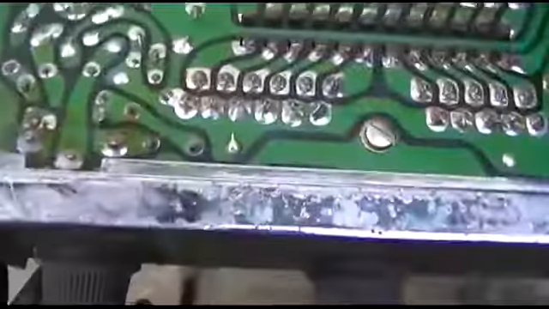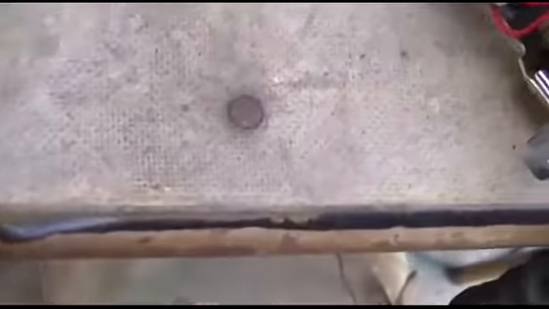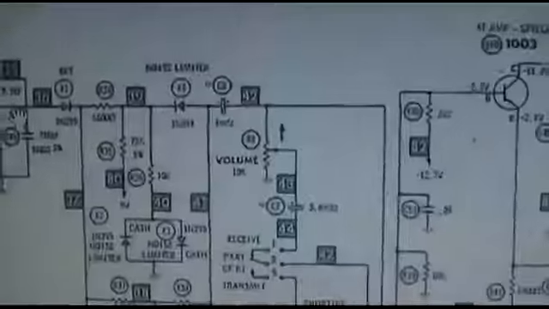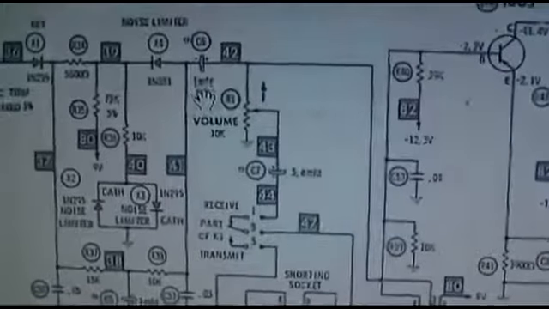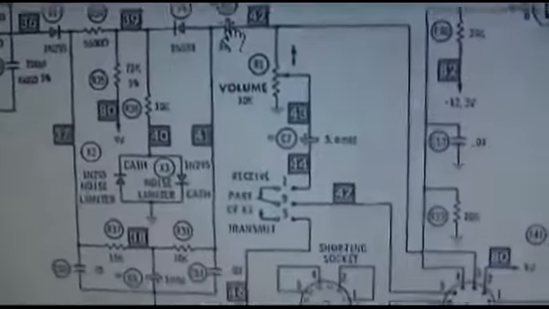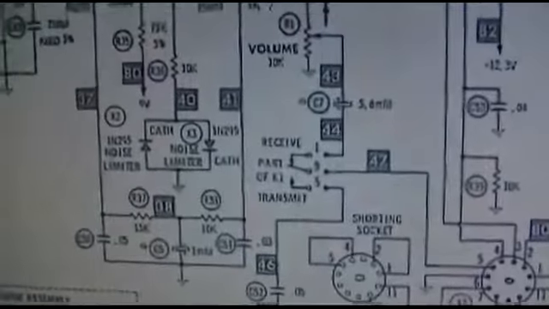Now we got another capacitor in here that was going to ground, which could be shorted. Well, let's see. This capacitor, I'm not going to say it's good, but there's audio on both sides of it.